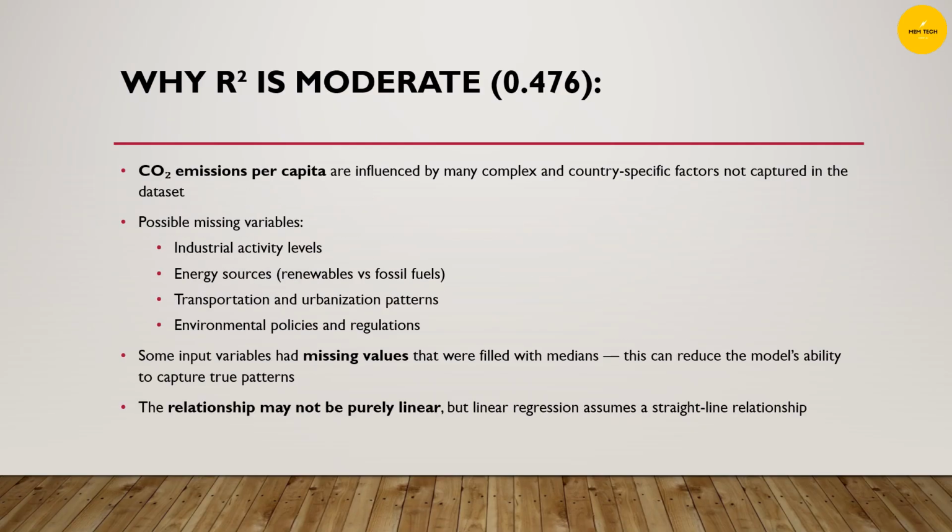But why is R-square moderate, which is 0.476? The moderate R-square is due to factors that were not included in the dataset, such as industrial activity, energy source types, transportation systems, and environmental policies. Also, filling missing values with the median might have reduced the model's predictive power, and linear regression may not fully capture the complexity of these relationships.